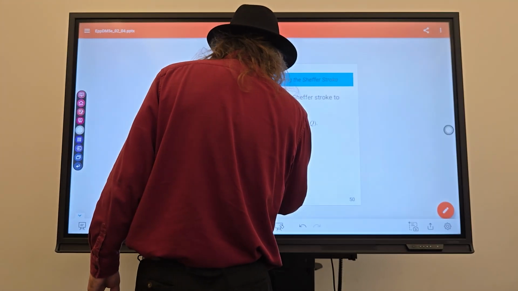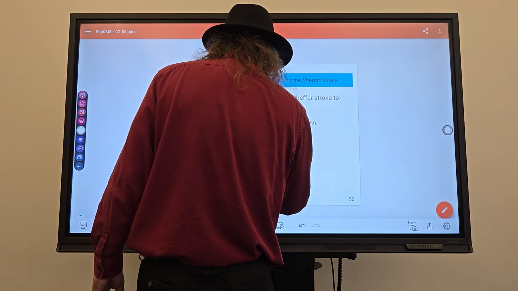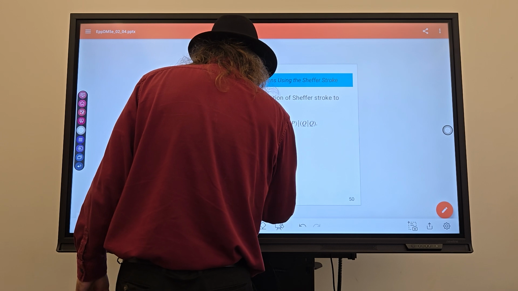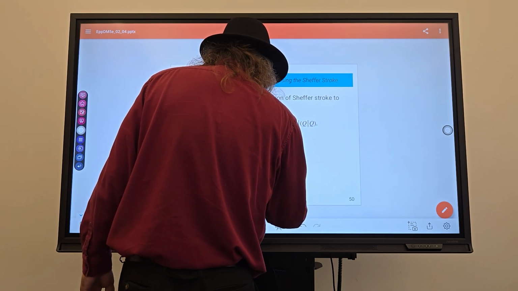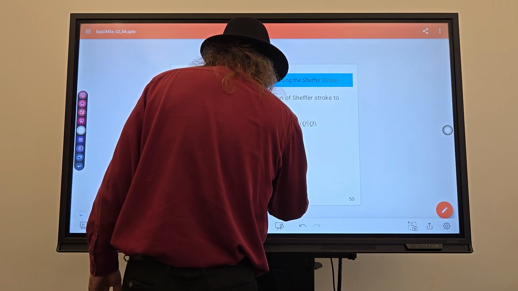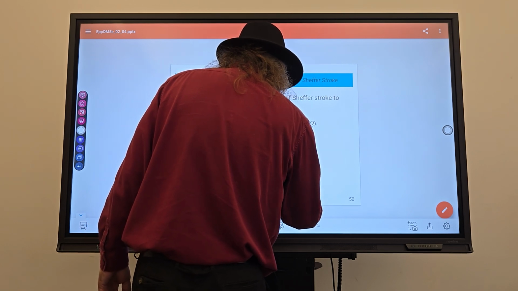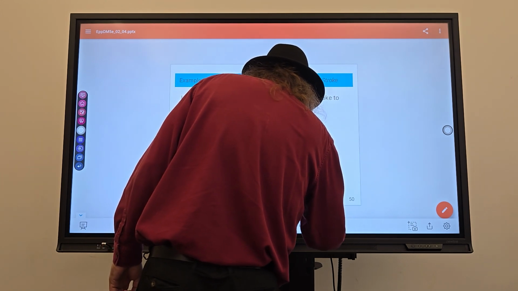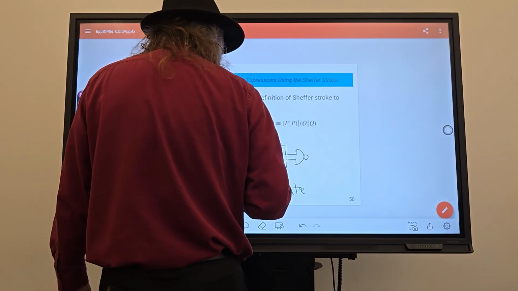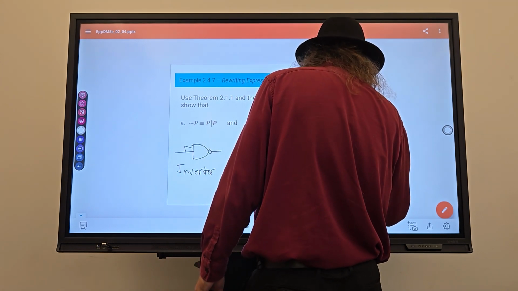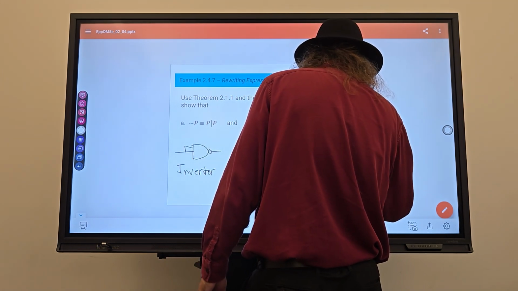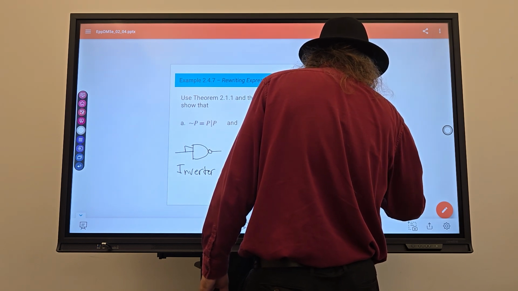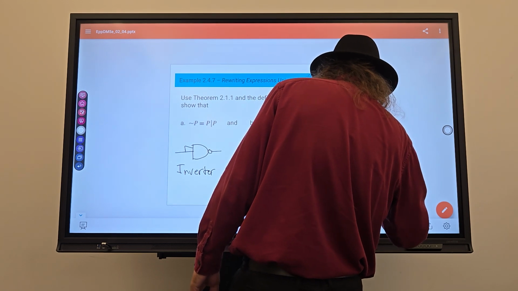And this is an OR gate. And it doesn't show this on here, but also the AND gate.